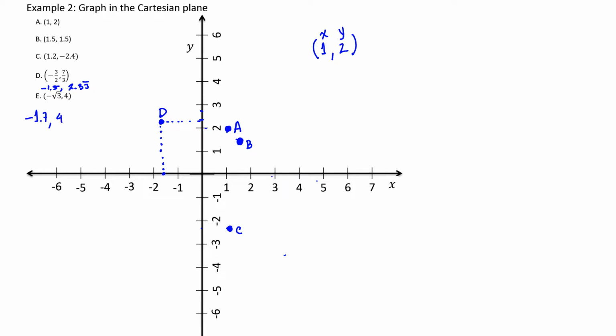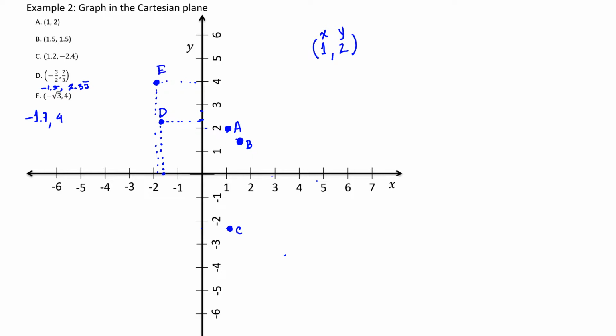And the other one's going to be 4. So we're going to go to negative 1.7, which is a little bit above here. And we're going to go to positive 4, which is all the way up here. And that's going to be E.